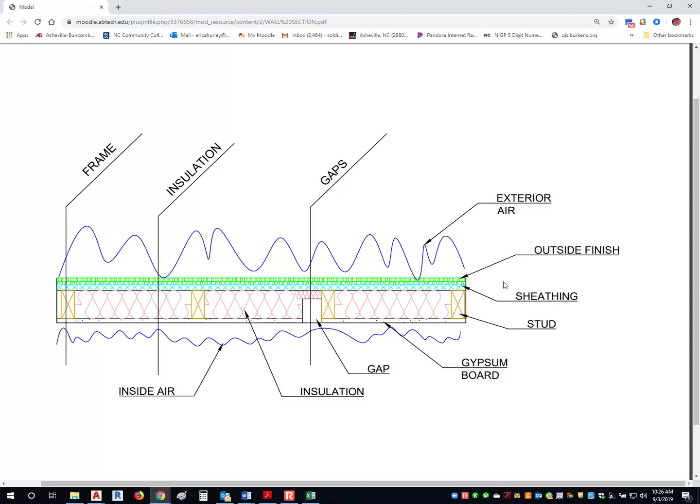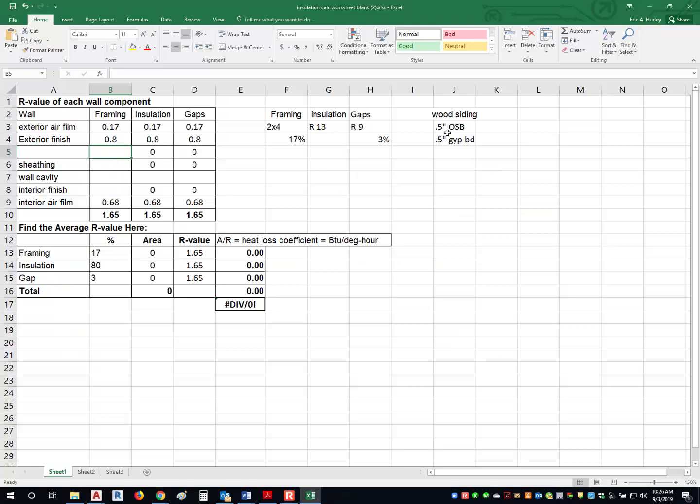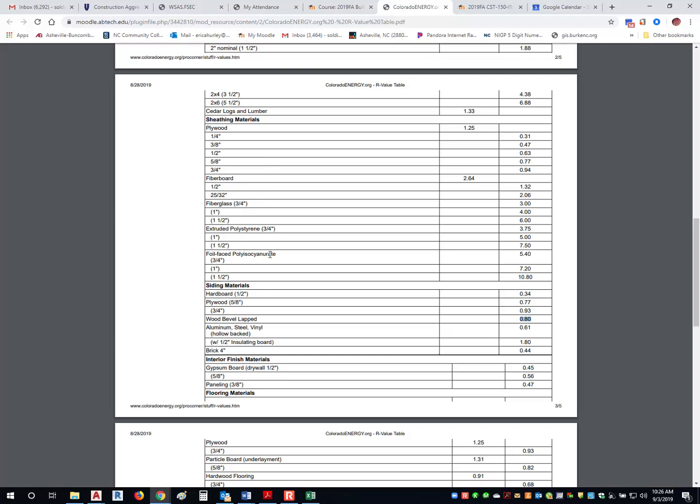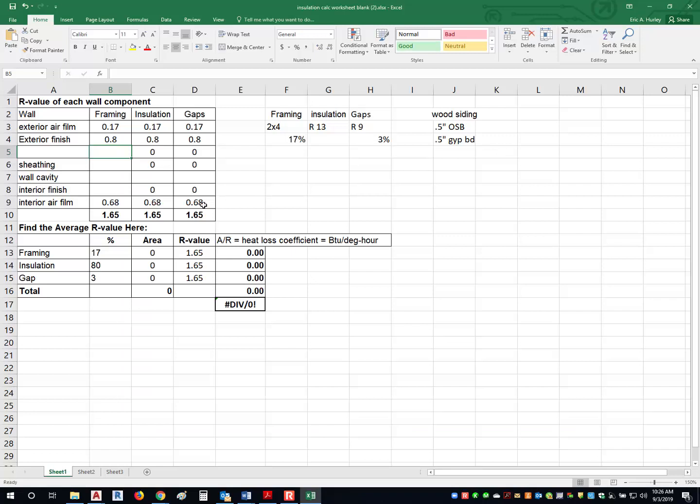So does the sheathing. The sheathing goes through all 3 of these lines. So right here I need to look up 1/2-inch OSB. So I'm going to go back over to the R value table, and OSB and plywood are considered the same, and I have a 0.63. So right here I'm going to put in 0.63.